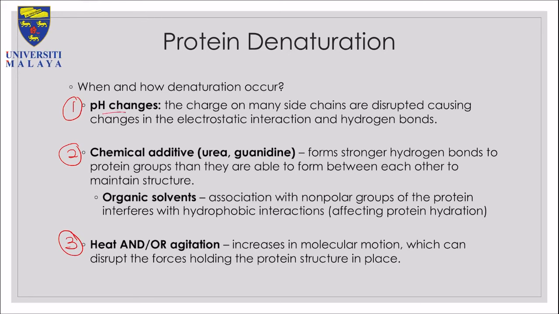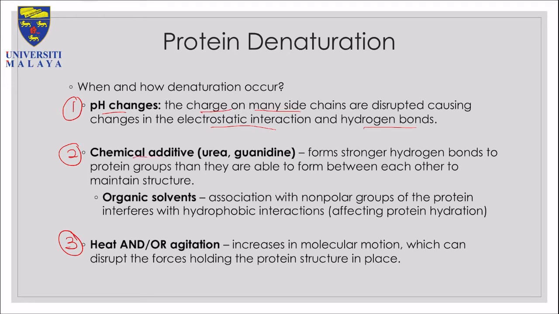So if you change the pH, meaning that you are changing the charge of many residues or many amino acids, thus causing changes in electrostatic interaction and hydrogen bonding, therefore it breaks down the structural motif. So pH change is one example of how denaturation can occur.